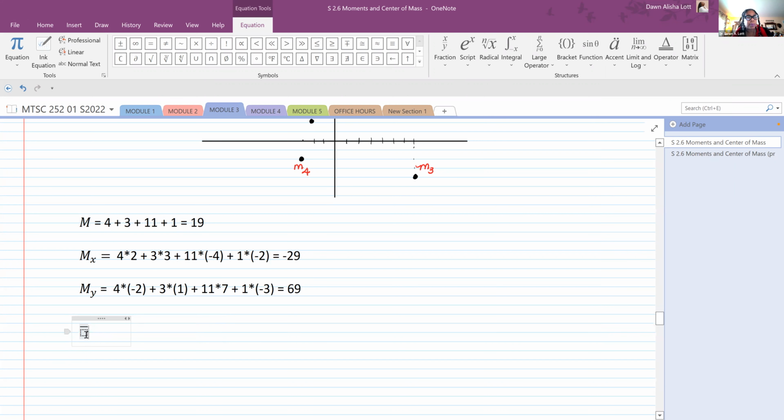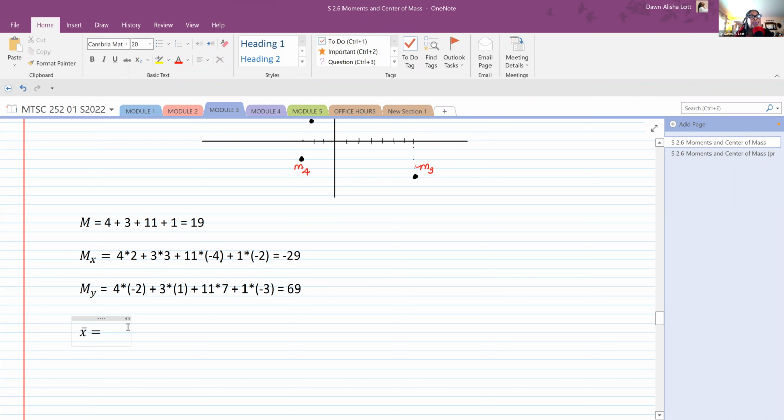Okay, so X bar is going to equal, now, how do we do this? Which one goes over it? It's MY, which is negative 29, divided by our mass M, which is 19. And that's roughly 1.5.